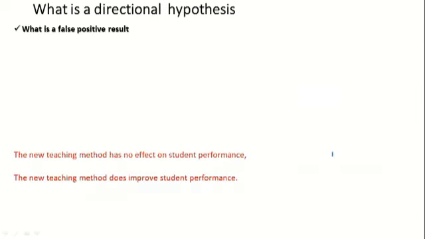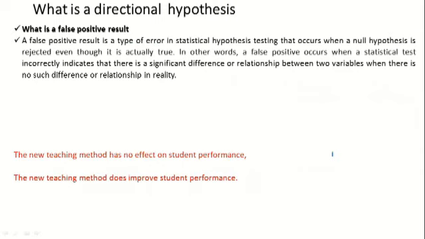What is a false positive? A false positive result is a type of error. So this is an error in statistical hypothesis testing that occurs when a null hypothesis is rejected, even though it is actually true.